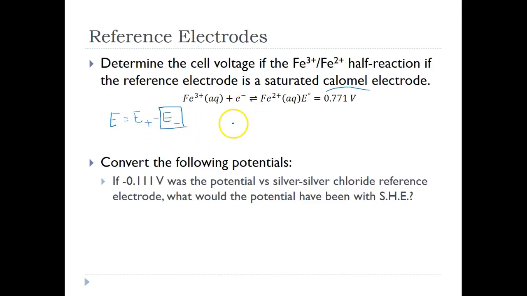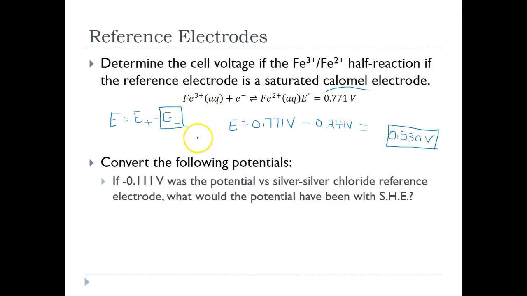So I'm going to plug 0.771 volts in for E plus, and then E minus is the calomel electrode, the 0.241 volts. So if this was my E plus, the iron, and my E minus was the calomel electrode, what my potentiometer would tell me is 0.530 volts. So even using a reference electrode, I wouldn't see 0.771 on the instrument, I would see 0.530.